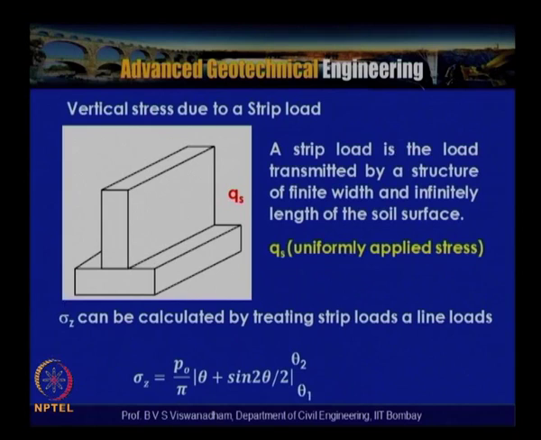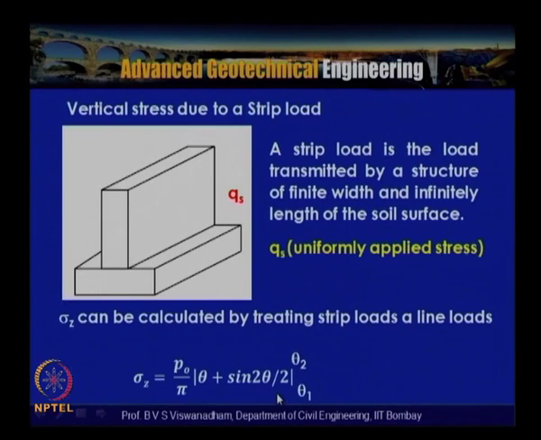If we have a strip load at a certain distance from this point and a certain distance from this point, the angle subtended with the vertical is theta 1, and then with this vertical and this point is theta 2. So, theta 2 minus theta 1 is the angle over the breadth of the foundation. So, we have said that sigma Z is equal to q by pi times theta plus sin 2 theta by 2.